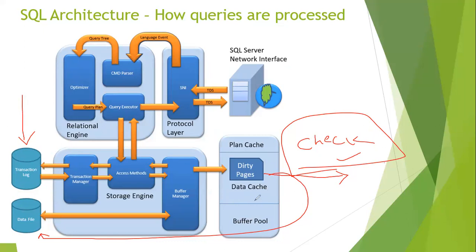When the checkpoint is issued, that checkpoint will take all the data in this data page to the data file. My question now is, for all the transactions that produced a data page, are we going to see those transactions on the transaction log?